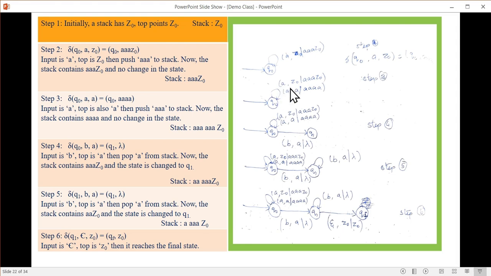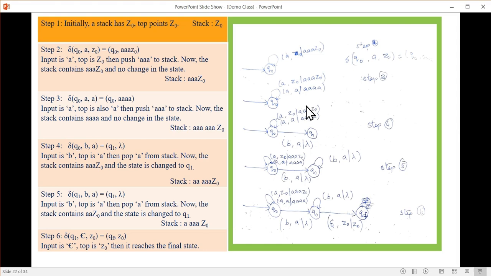On this arrow we write the next transition: the input is A, and the top of the stack is A. Then three more A's are pushed into the stack.